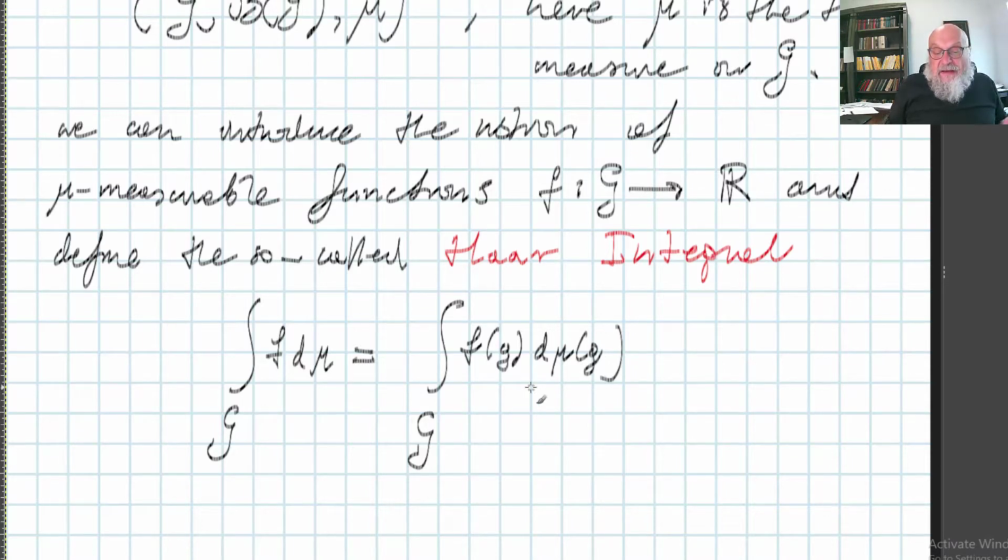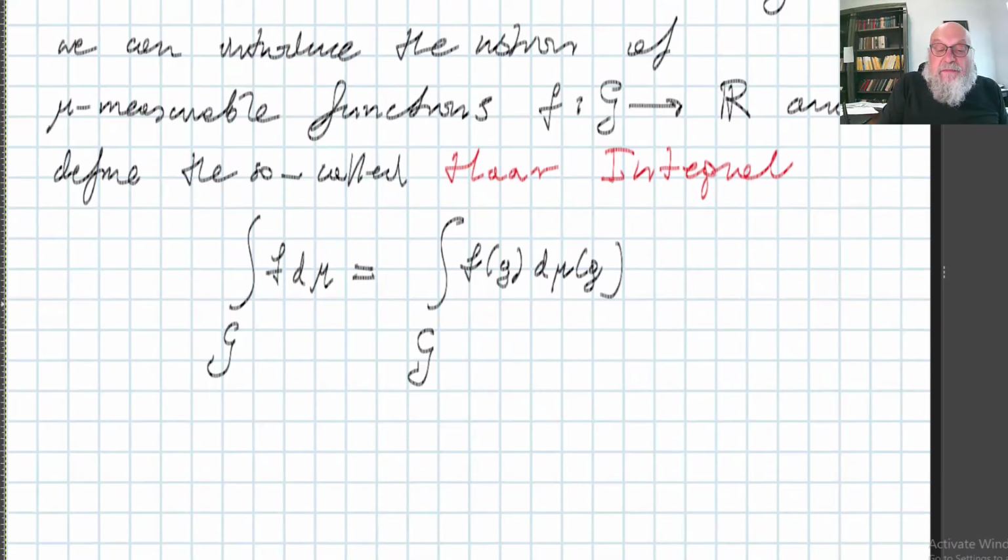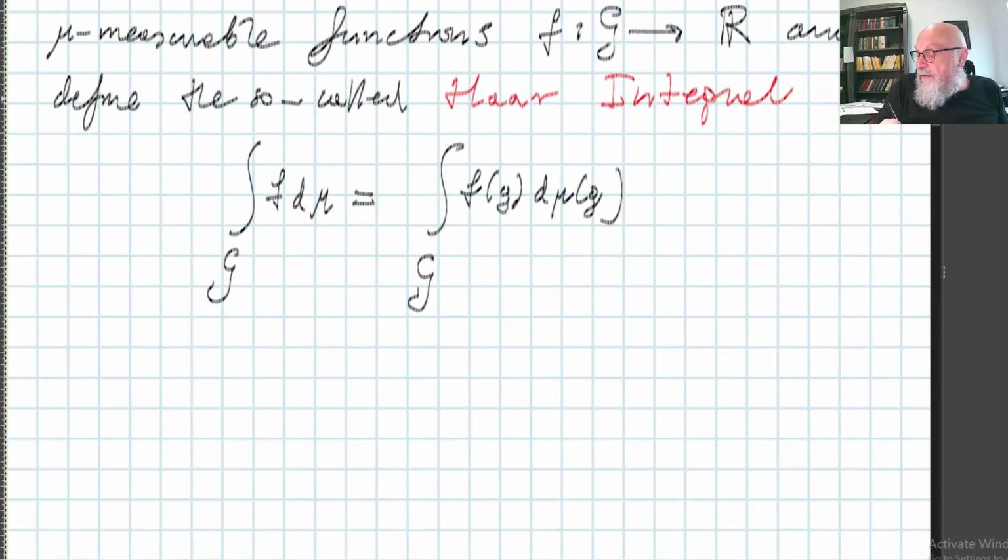This is our notation, and this integral is just a simple integral like it was for every kind. So what do we have here?